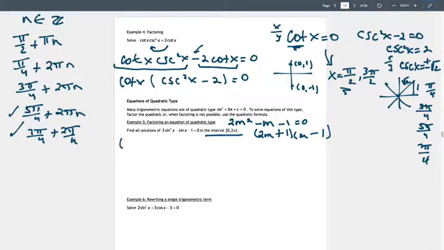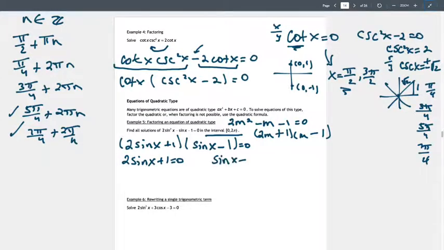We just have sine. So we're going to say 2 sine x plus 1 times sine x minus 1 equals 0. And then you're going to set each factor equal to 0. So 2 sine x plus 1 equals 0, and sine x minus 1 equals 0. Solving for the trig function, or isolating it, I get sine x equals negative 1/2, and sine x equals 1.